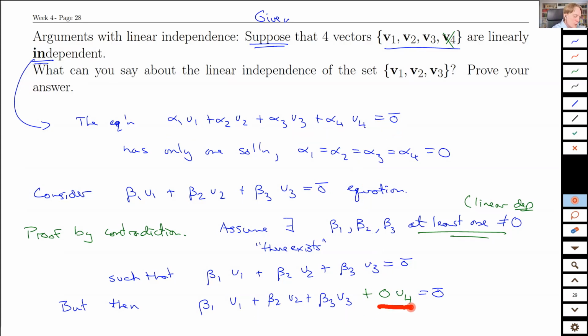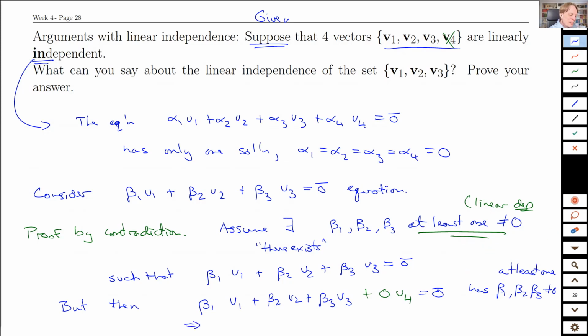If I add 0 v4, it doesn't change anything to the value. We know adding the 0 vector doesn't change the vector quantities. And so we have this equation equals 0 that also has beta 1, beta 2, beta 3 not equal to 0 for some, at least one. At least one of those, as I said before.